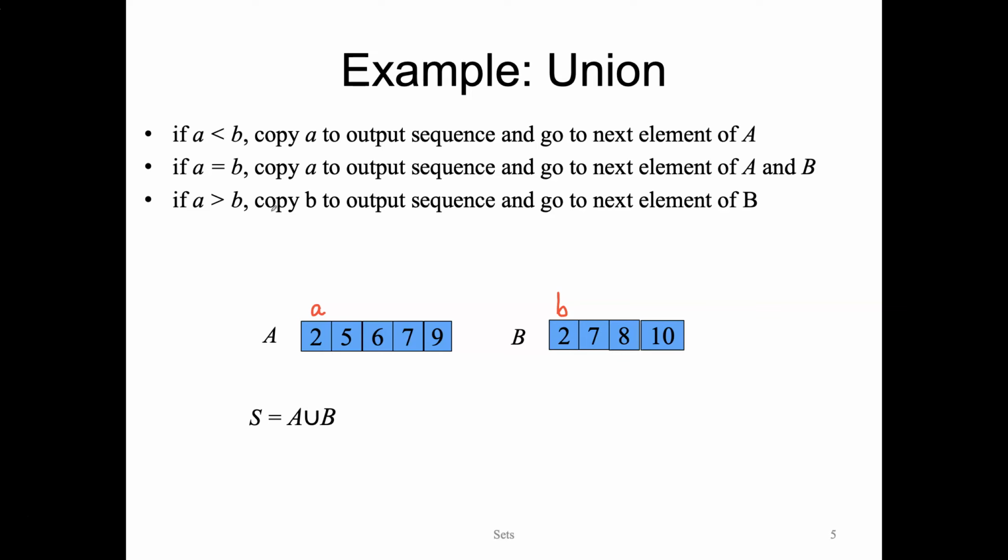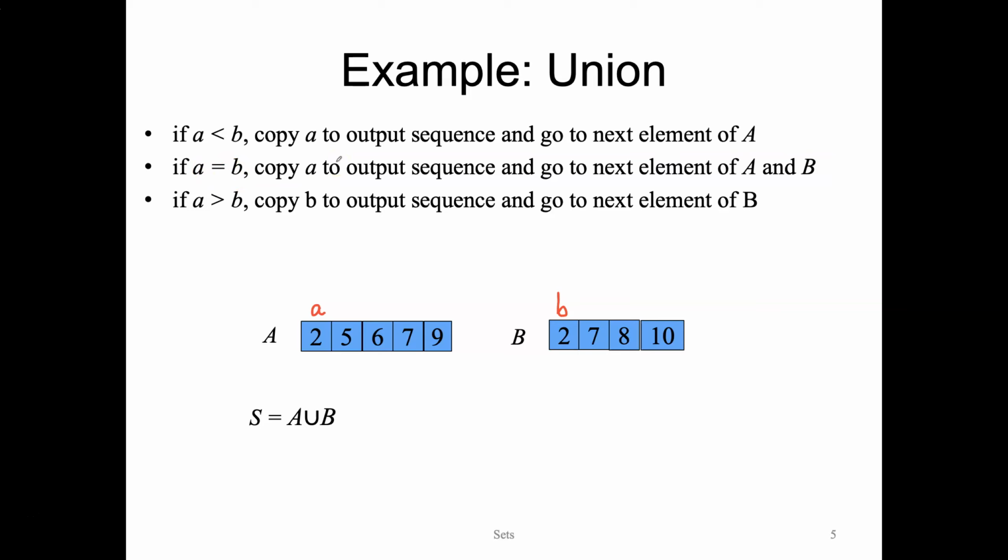But if they're equal, then that item is in both sets, and we're going to include that item in our resulting set, which is the union of A and B, but we're only going to include one of them. It doesn't matter which one we pick, either A or B, because they're the same, but we only include one of them because our set contains no duplicate items.